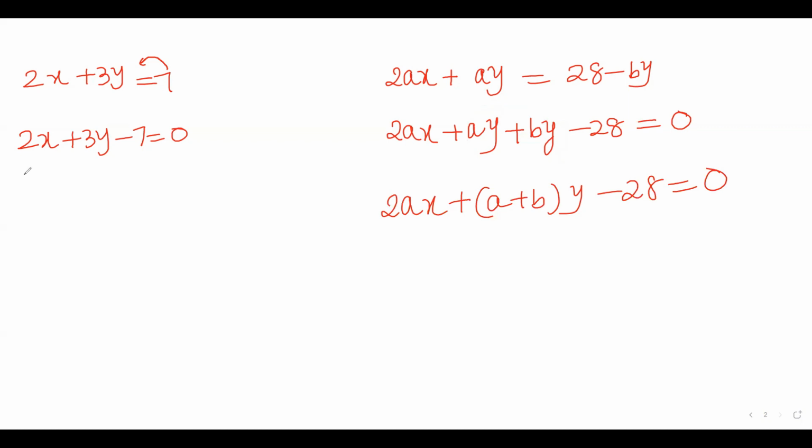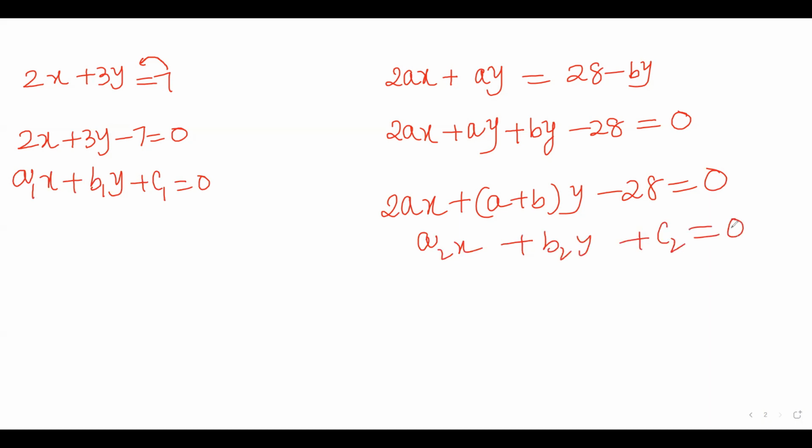Writing the general form, a1x + b1y + c1 is equal to 0, a2x + b2y + c2 is equal to 0.